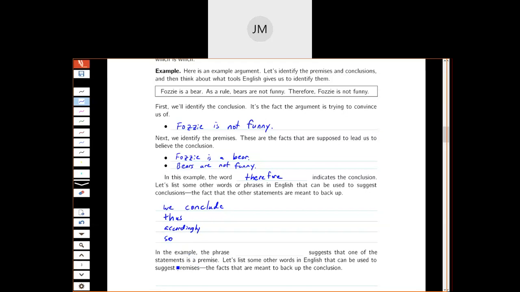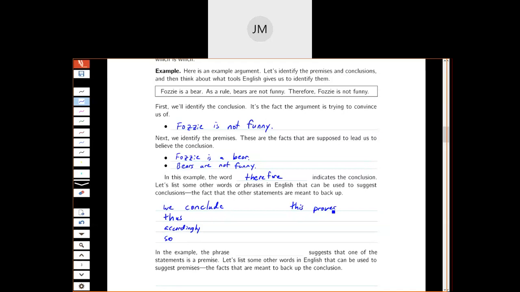I use that a lot when I'm making math arguments because it's very short, easy to write. This proves. Good. We could probably come up with more if we sit and think about it, but I think this is a pretty good list, and this gives us a good idea of what we're looking at. So these are all going to be clues, indicators that the statement that comes next is our conclusion.